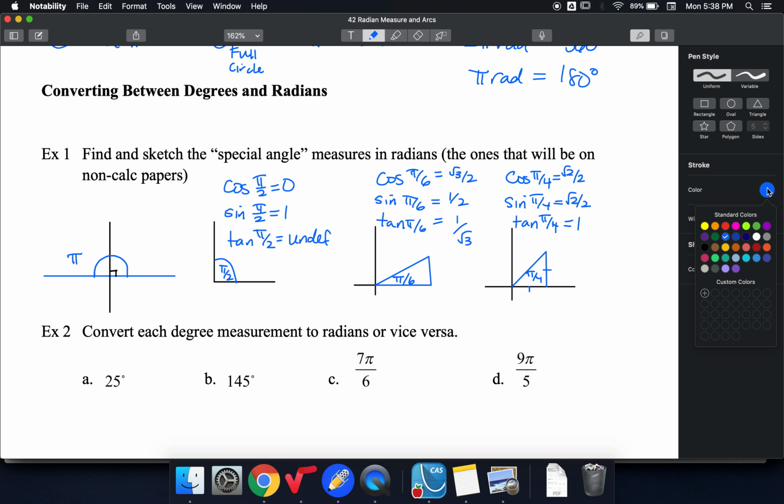All right, lastly, well, actually not lastly, because I'm going to go all the way and look at the 0 as well. But now, if I want 60 degrees, well, 60 degrees is 2/3 of this angle, or 1/3 of this. So my 60-degree angle is pi over 3.